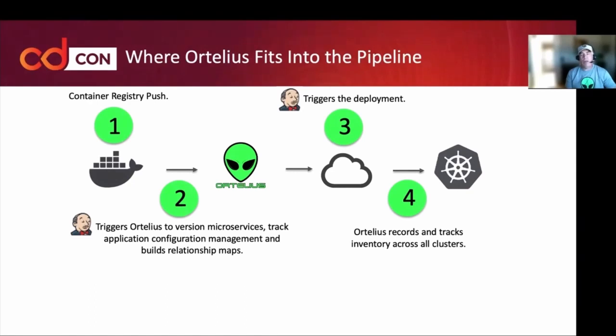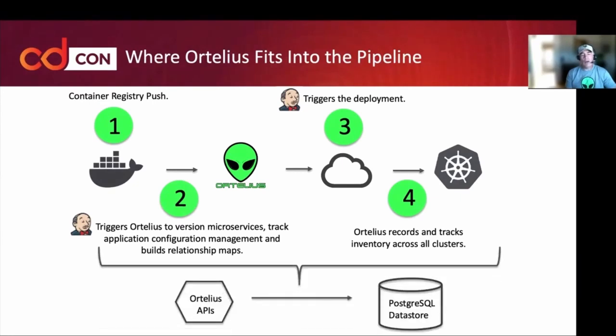But in the end, what we want to do is track where this component that we just created, or this microservice that we just created, where did it go? And that gives us that map to let us know how things are put together and where they are living in the runtime environment.